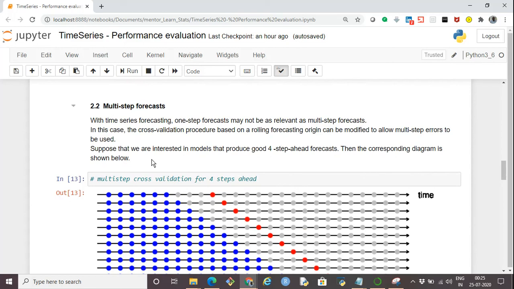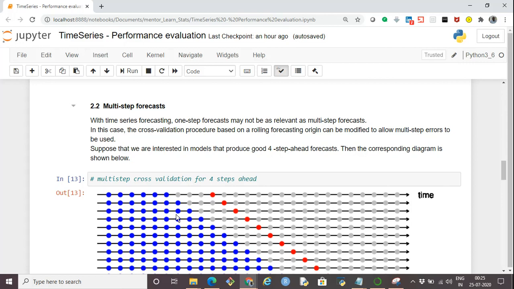The cross-validation process is based on a rolling forecasting origin. It can be modified to allow multiple step errors to be used. So in this case, we have a training data set, and then there is a gap which we don't know. After that, we are forecasting for the test data set.